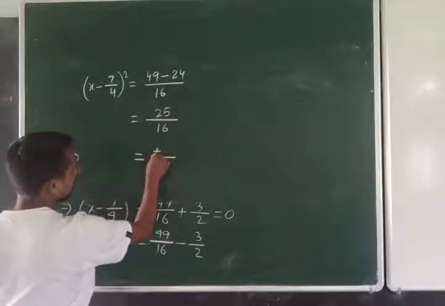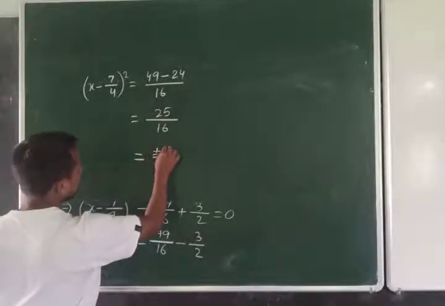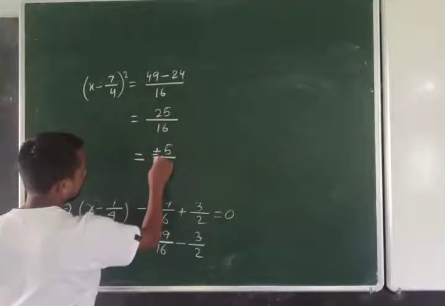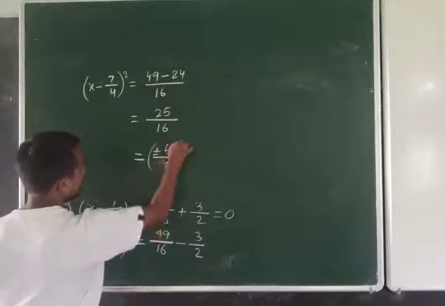This can be written as plus minus 5 by 4 whole square.